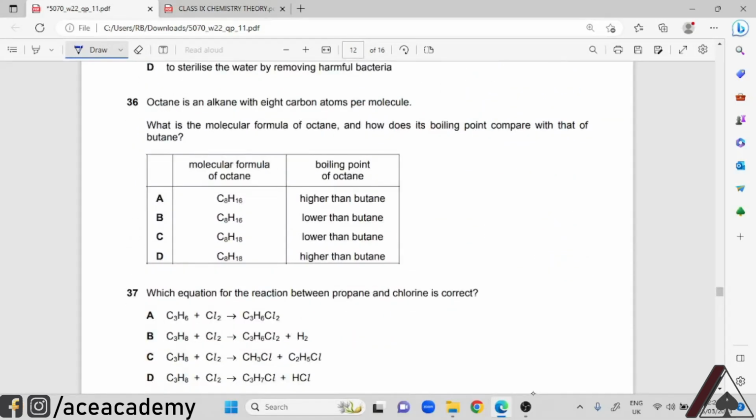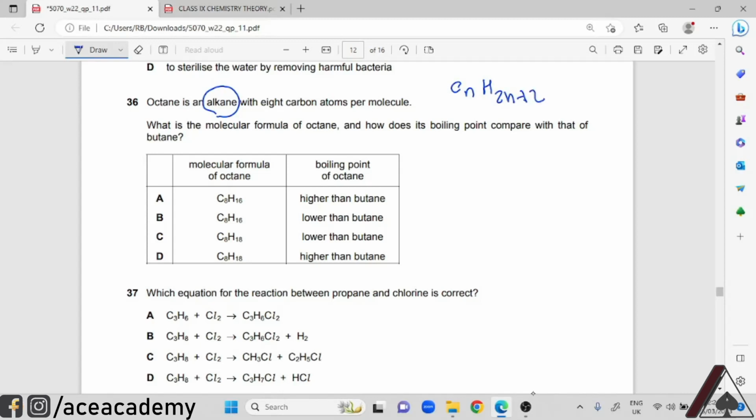Question 36 says octane is an alkane with 8 carbon atoms per molecule. What is the molecular formula of octane and how does its boiling point compare with that of butane? We can see that it is an alkane, and we know that for alkanes the general formula is CnH2n+2.